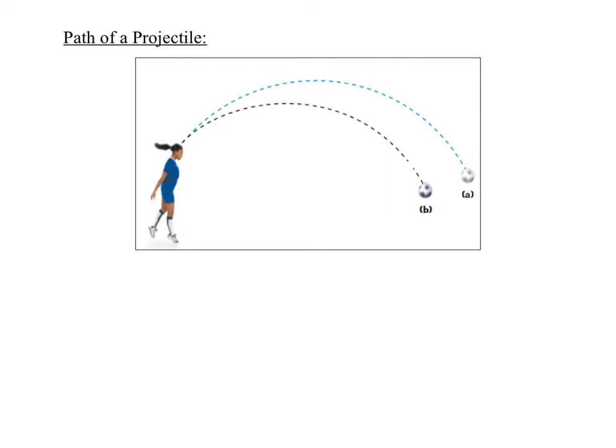Realistically, the projectile itself will be parabolic and will have perfect symmetry. But if it's launched with some air resistance, it's going to slow down along the way. So trajectory B is literally just slowing down.